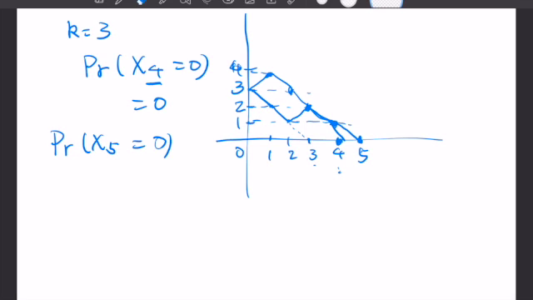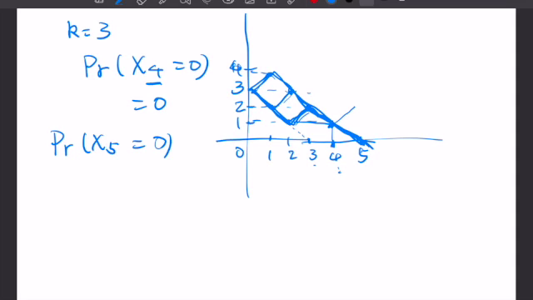So let's see, how many possibilities are there? So 1 possibility and 2 possibilities and 3 possibilities. And how many other possibilities? So let's see, 1, 2, 3, maybe 3.